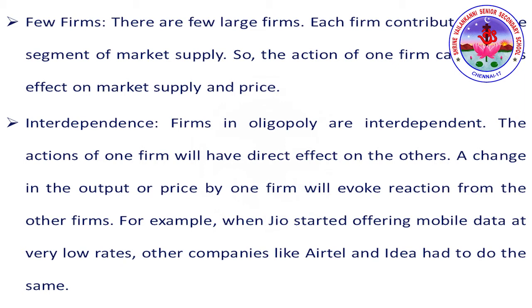Interdependence means that the action of one firm will affect the action of other firms. So a firm considers the action and the reaction of rival firms while determining its price and output level.